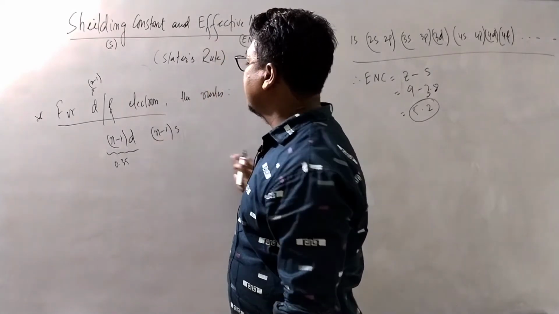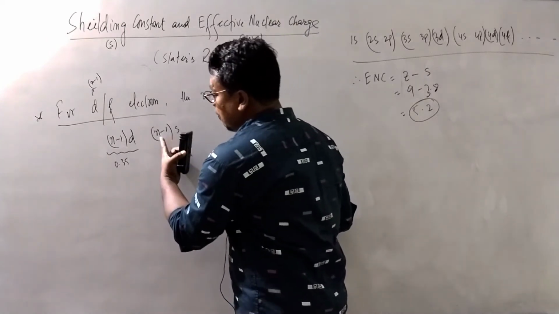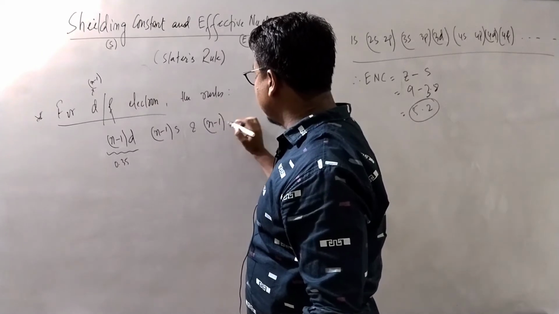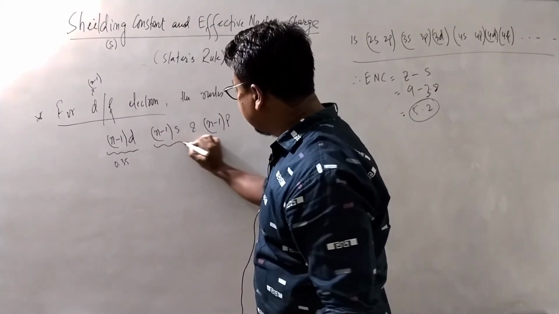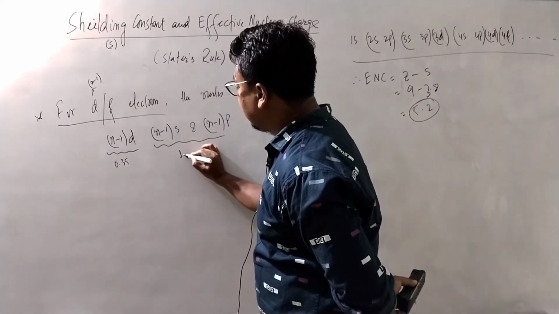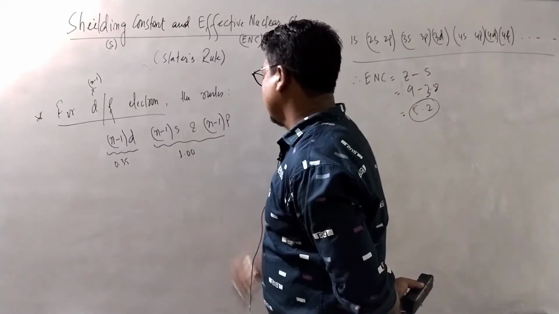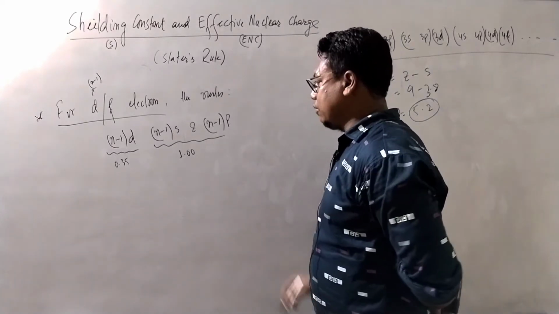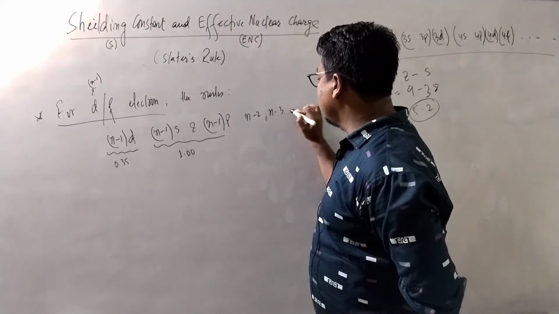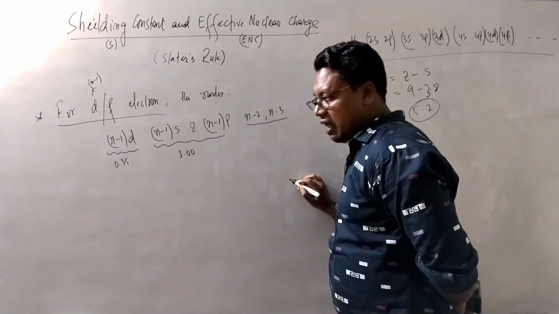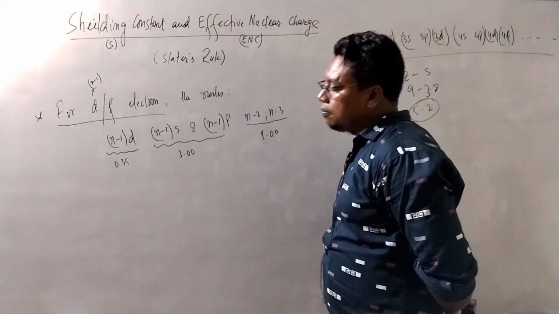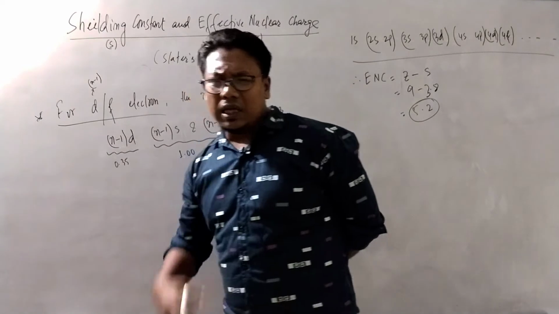This is for n minus 1 s and n minus 1 p, the contribution of one electron to the shielding value is 1, not 0.85 in case of d and f electron. And for n minus 2, n minus 3 and all inner shells, the contribution is only 1 in case of d subshell.